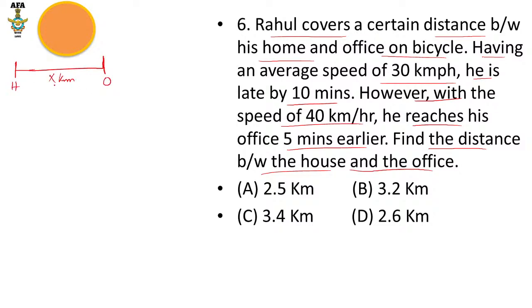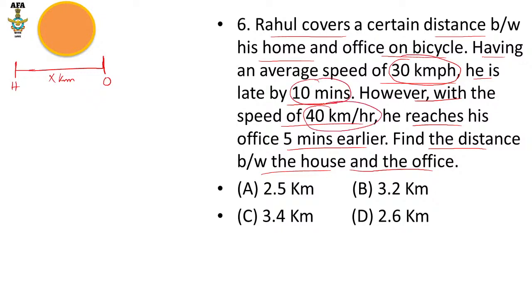Suppose the distance is x kilometer. So the value of distance is not given. Now we need to check. Rahul covers the distance from home to office on bicycle at an average speed of 30 km per hour. He is late by 10 minutes.